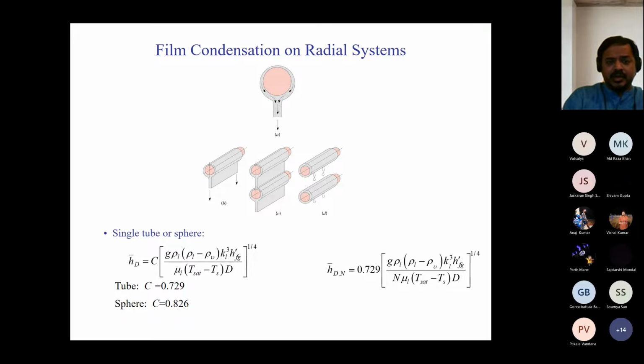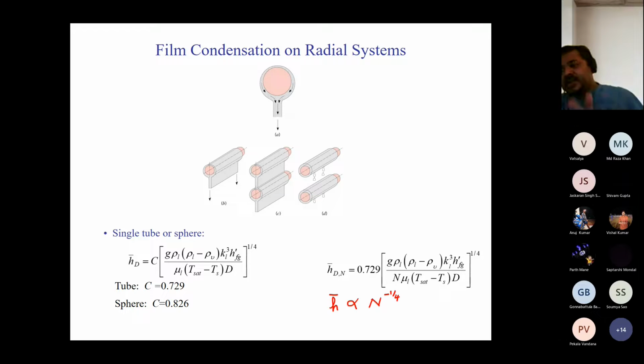Clear? So what does it mean? It means that your h bar is proportional to N to the power minus 1/4, which means if I have more tubes, my average heat transfer coefficient goes down.